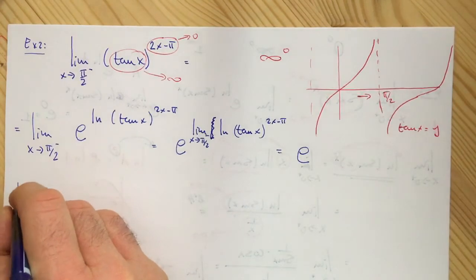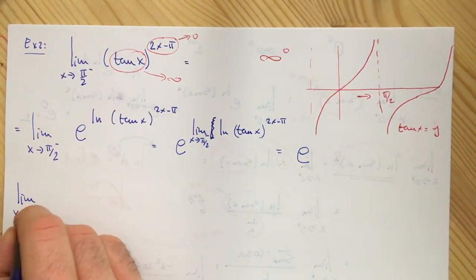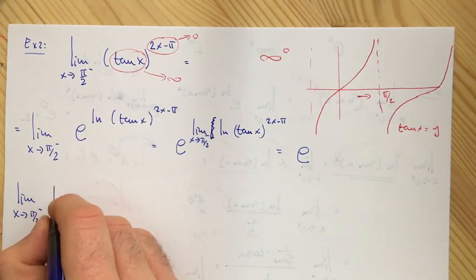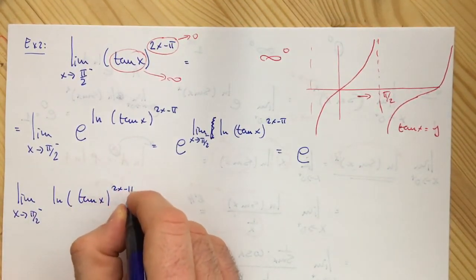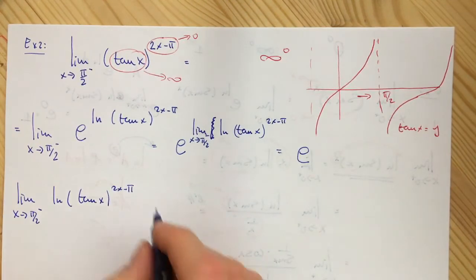So on the side, we are evaluating what is the limit as x approaches pi over 2 from the left of ln of tangent of x to the power 2x minus pi. Okay.